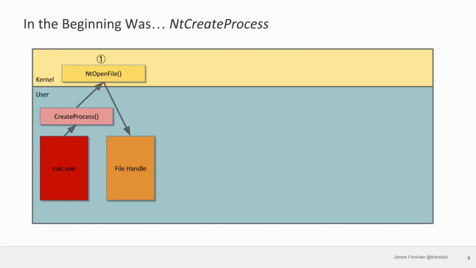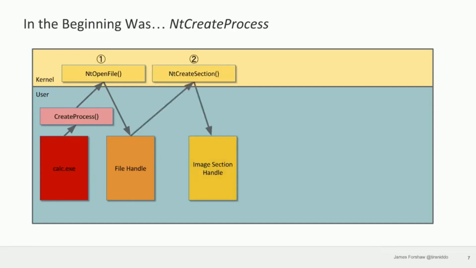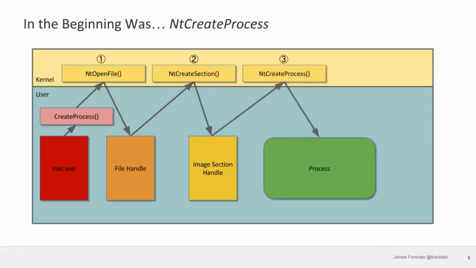Instead, what actually happens is it first opens the file. This is all happening in user mode: it calls a system call, open me a file, and gets back a file handle. It then goes, OK, but that file handle needs to be a memory map section, so I'm going to call NtCreateSection with the file handle and get back an image section. Finally, we call NtCreateProcess, passing our image section to it, and it creates our new process for us.